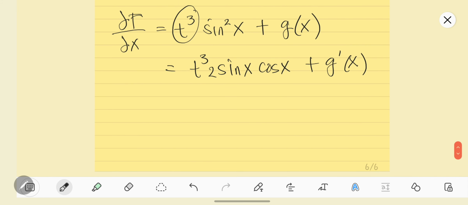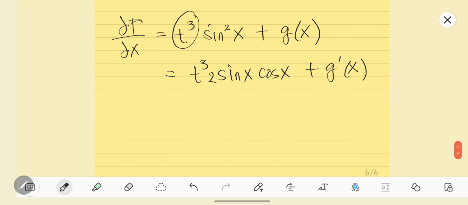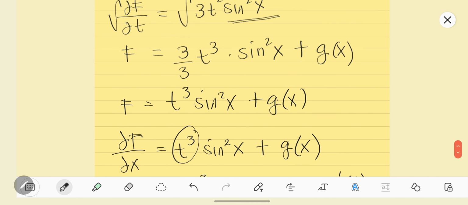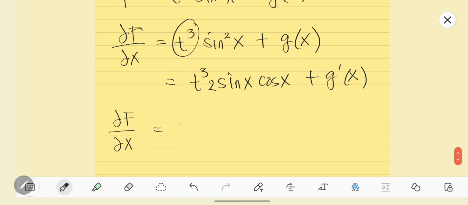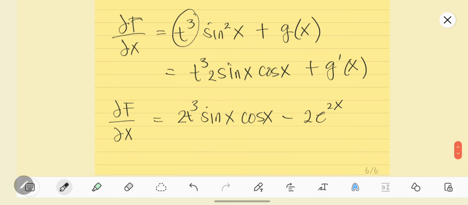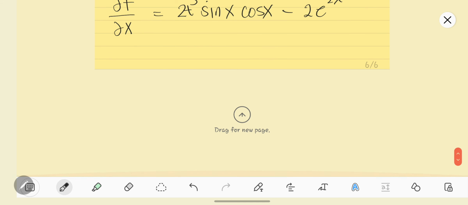Now we can plug that into our equation df over dx is equal to 2t cubed sine x cosine x minus the 2e to the 2x.